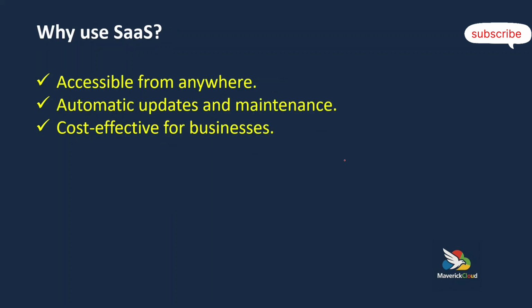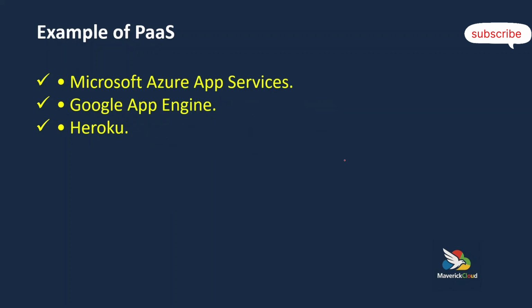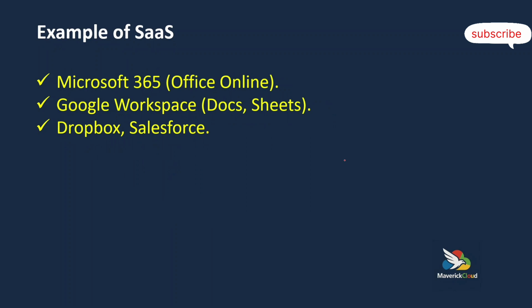Okay, and now let's come to SaaS. Basically, SaaS is a kind of software. SaaS, software as a service, is provided by a particular cloud vendor, where we just use that software, like Microsoft 365 Office Online.